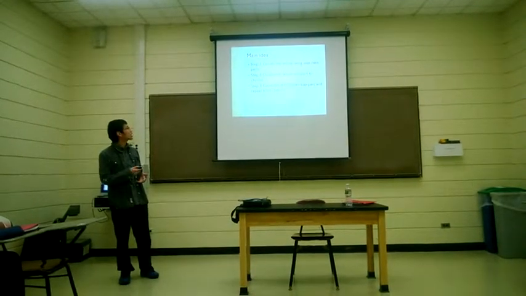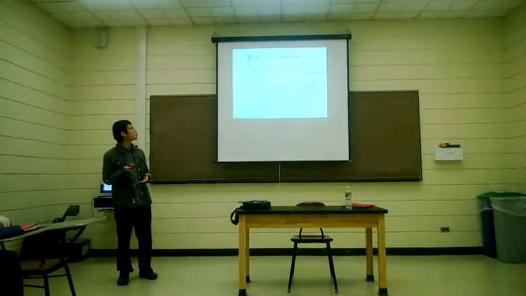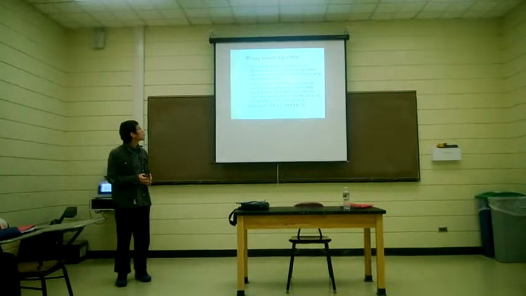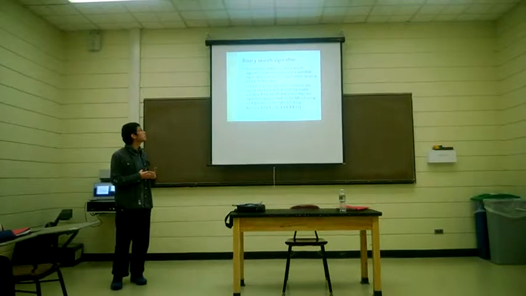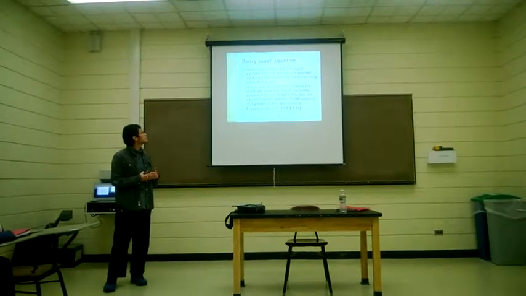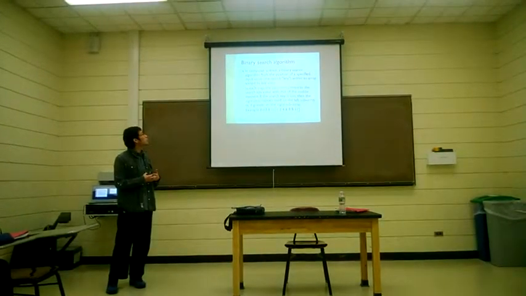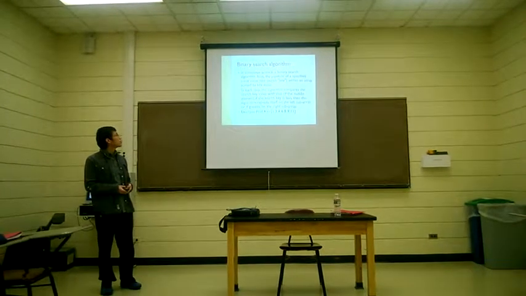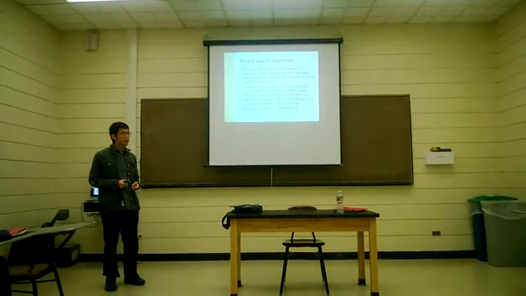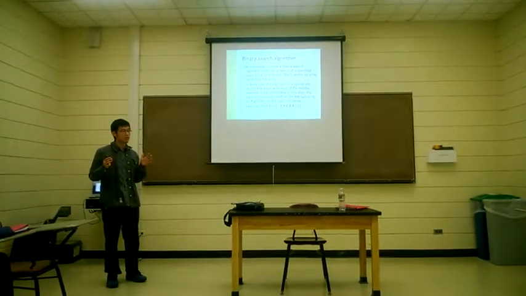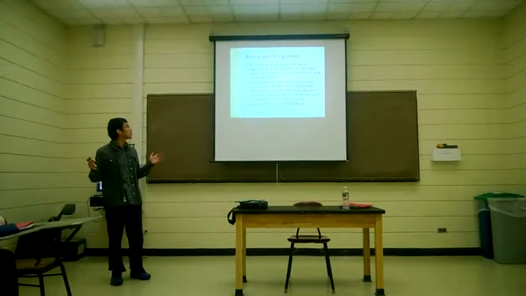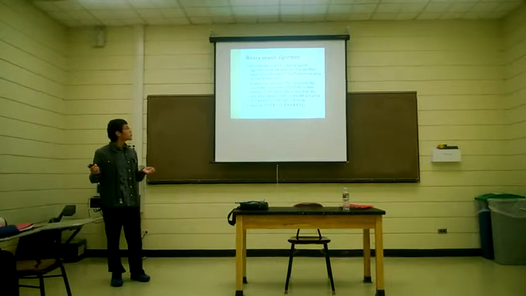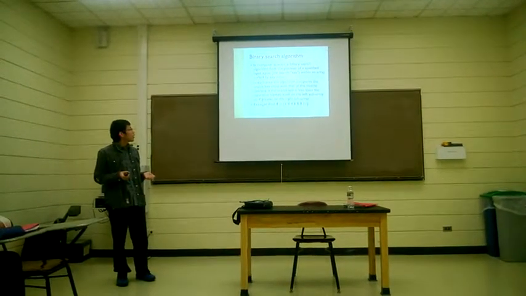So we can apply this main idea to other fields. First, I think CS students may be familiar with this. It is the binary search algorithm. In computer science, sometimes we want to search for one key in a sorted array, and we use this.